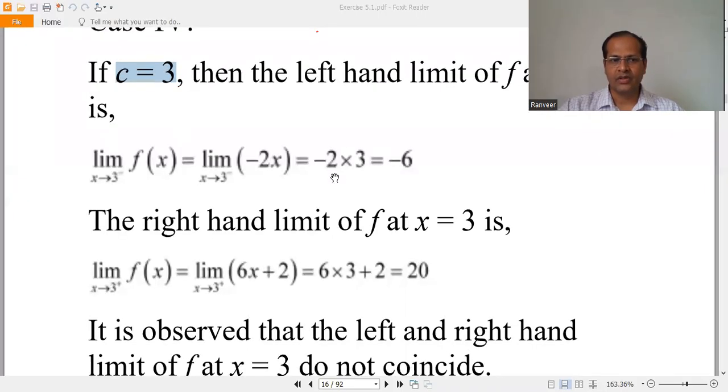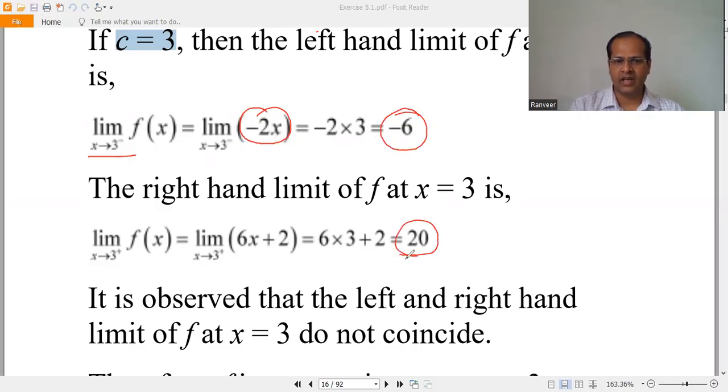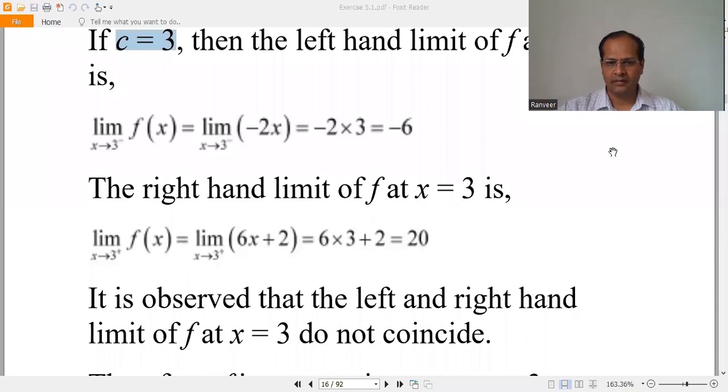So at 3 minus, the definition of the function is -2x, and the value is -6. At 3 plus, the value is 20. So both values are different. That's why the function is not continuous at x equal to 3.